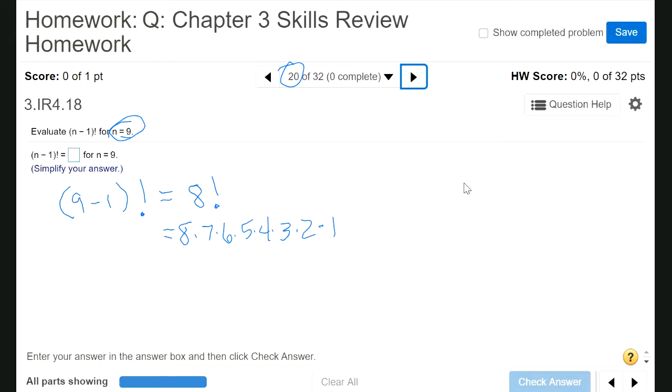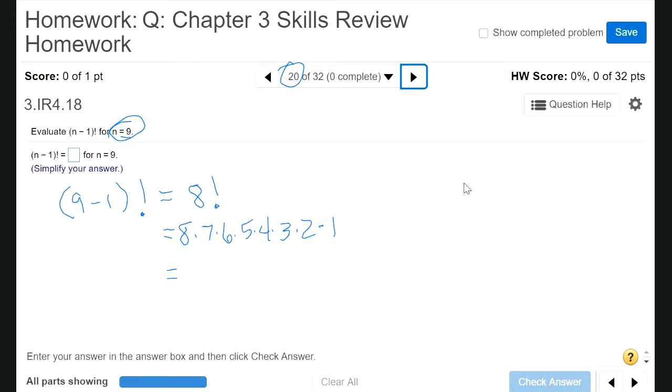So I want everybody to do 8 factorial. Type in the chat when you get the answer. Does anybody have it yet?